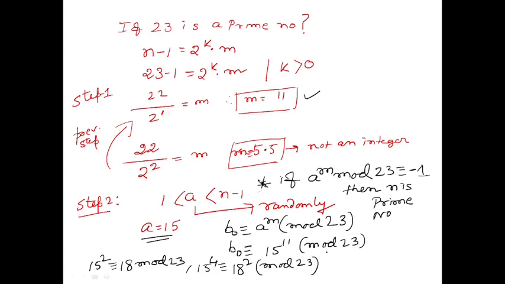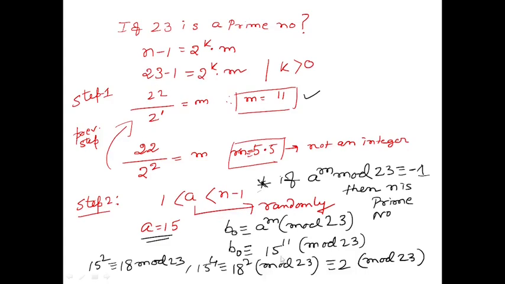Okay, let's go to the next page. 18 square mod 23 is congruent to 2 mod 23. Next, 15 to the power 8 is congruent to 4 mod 23. Now it is given as 15 to the power 11 here.